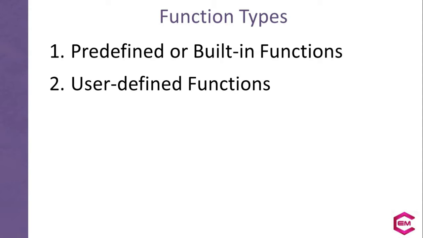Predefined functions are the ones for which the definitions need not be given by the users or the programmers, because the predefined functions have already been written by the authors of Python, and they are kept in the Python system library. So the only thing that is required is that we have to call them by passing the necessary number of arguments required for them.